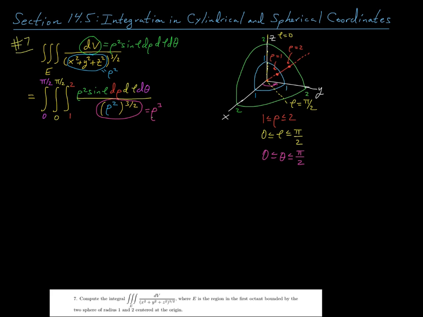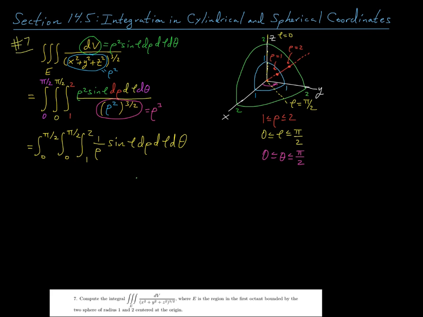And then I'm going to have a rho squared over rho cubed, so I'm just going to get a 1 over rho, which is quite nice. So now we're looking at 1 over rho, sine of phi, and then d rho d phi d theta.